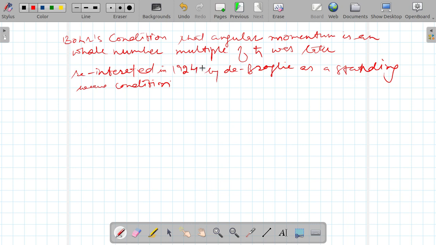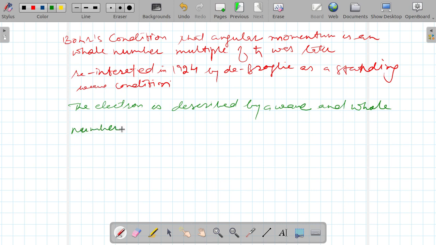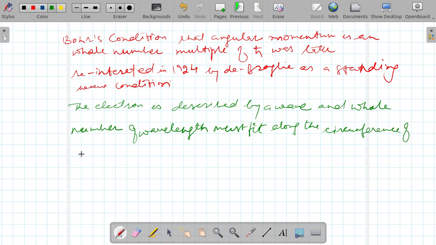The electron is described by a wave, and a whole number of wavelengths must fit along the circumference of the electron's orbit.